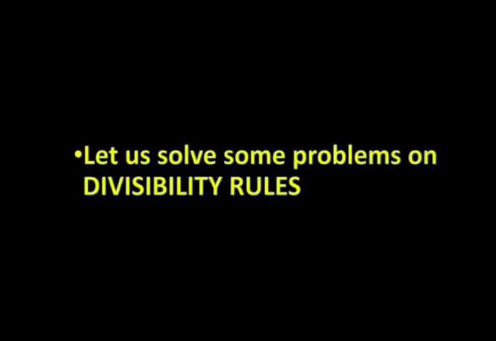So far, what did we learn? We learned the divisibility rules of 2. Let us quickly revise the concept. If we have 0, 2, 4, 6, 8 in ones place, the number is divisible by 2. When we add the digits of the number, if the sum is divisible by 3, then the whole number is divisible by 3.